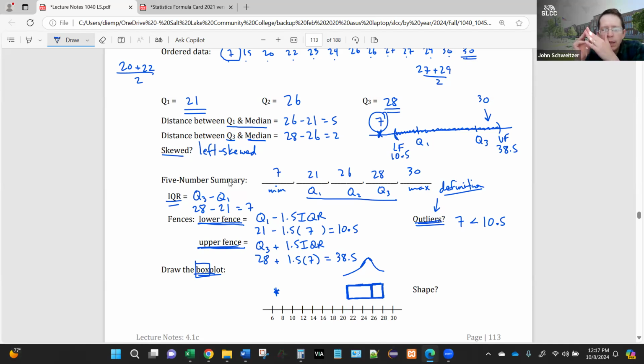And so the way we indicate that is with an asterisk. So any outlier will be indicated with an asterisk. And some data sets will have multiple outliers. You can have 0 outliers, you can have 1, you can have 2. In theory, you can have any number of outliers. Okay, but 2, 3, 4, these are kind of typical for homework and exams.